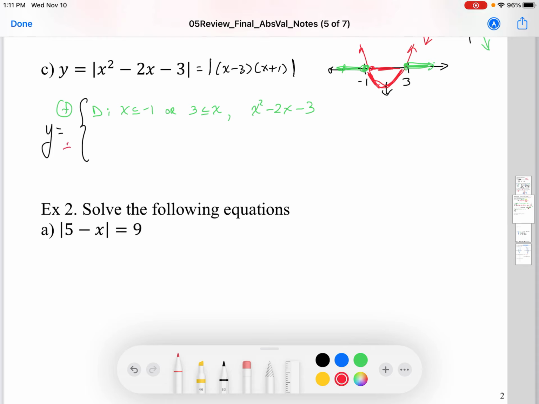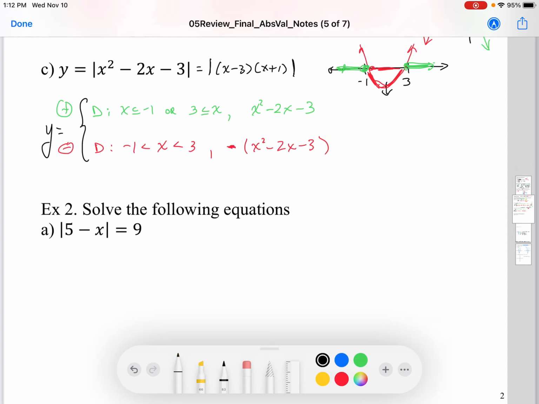For the negative domain, it's going to be the opposite. The negative domain is going to be when x is between negative 1 and positive 3. When that happens, I need to take the x squared minus 2x minus 3 and make that negative expression inside positive by using that negative out here. Okay, so that makes it positive, and now I have the absolute value. That expresses it as a piecewise function.